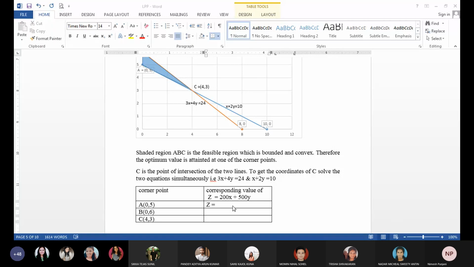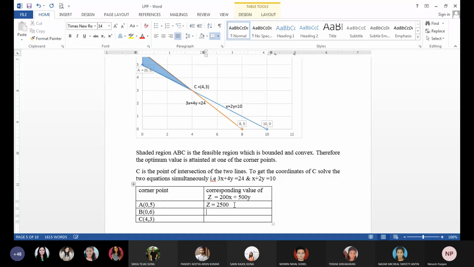At A your z will be, tell me what will be your z at A, the coordinate is 0,5. तो z का वैल्यू क्या होगा A पे? 2500. 2500.